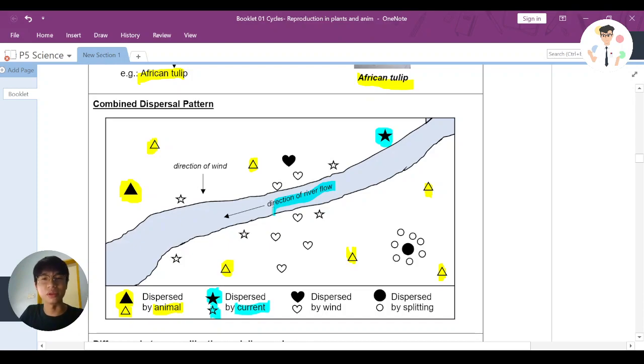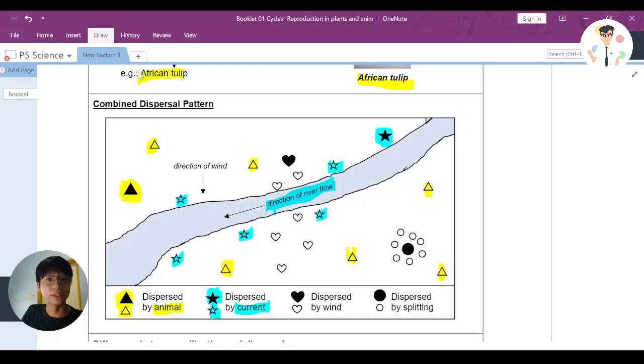It can be sea, it can be river, it can be stream, depends, okay? But what is the same is the young plant or the offspring will always be around the water body, following the river flow. It will not be on top.